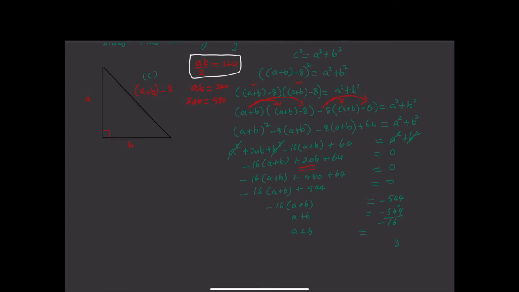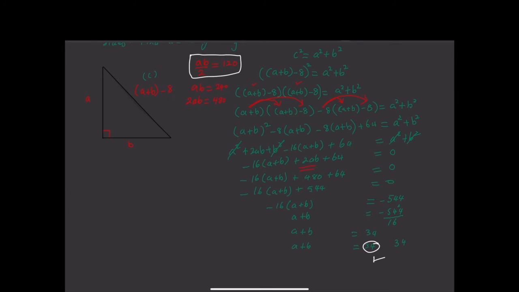So then 6 goes into 64. 16 goes into 64 4 times. So therefore, A plus B is equal to 34. It's equal to 34. And that's our answer.